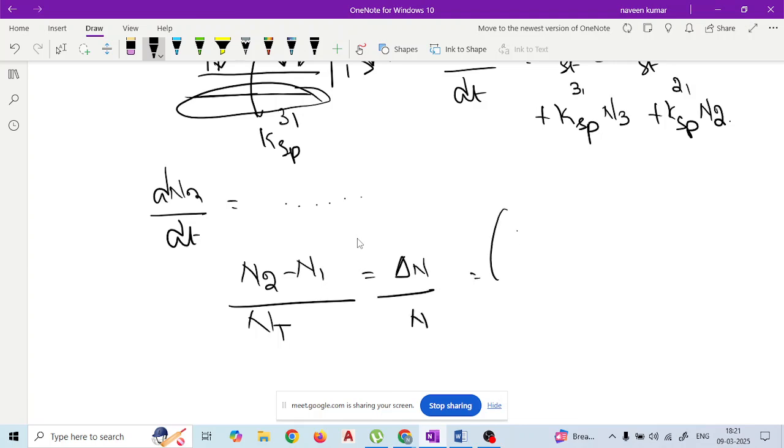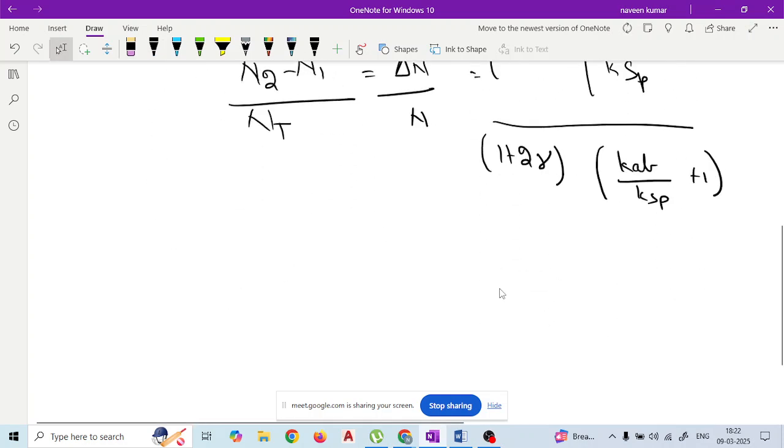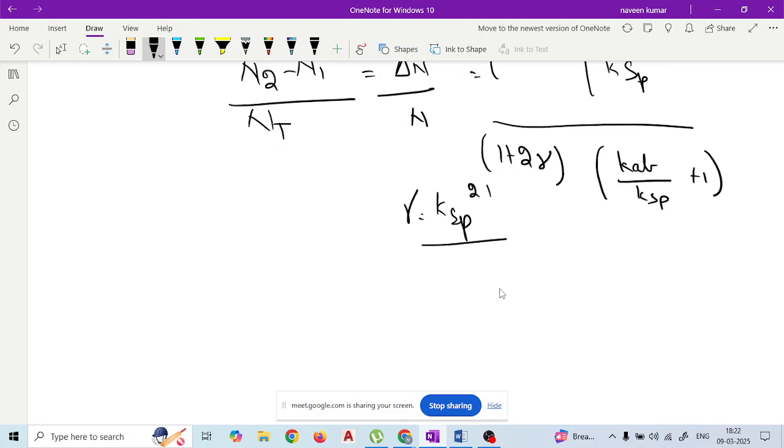You can also express this mathematically as 1 divided by (K absorption divided by K_sp, p minus 1) and (1 plus 2 gamma K absorption divided by K_sp plus 1). I will let you know about the gamma functions and how they come into the picture. The gamma function is normally an energy value which tells whether stimulated or spontaneous emission will be happening or not. So those values we will be dealing with.